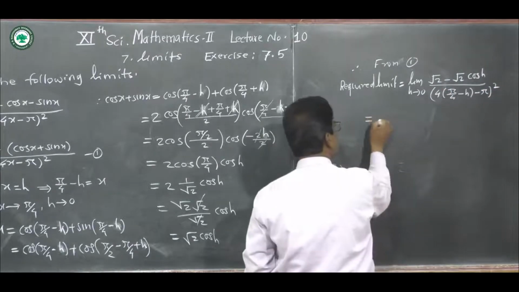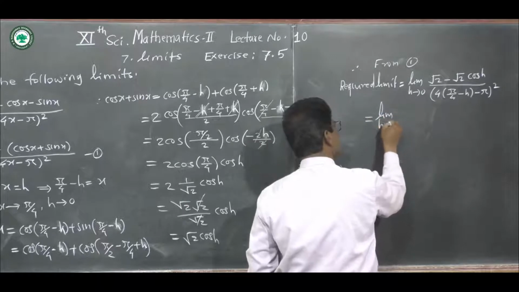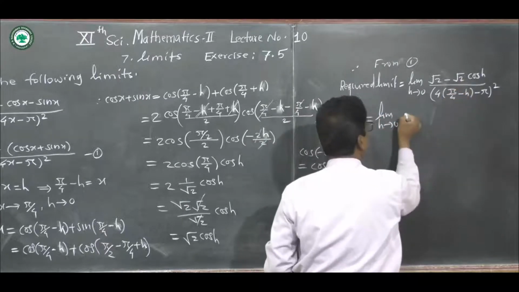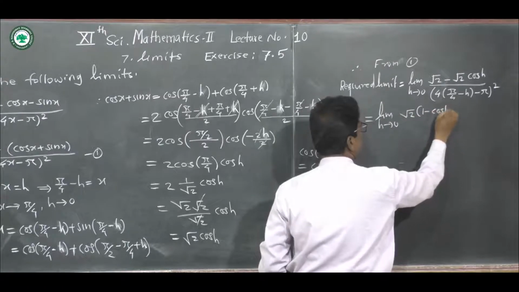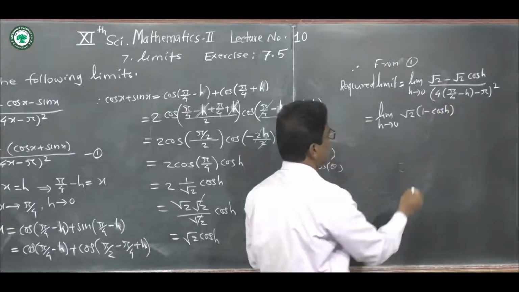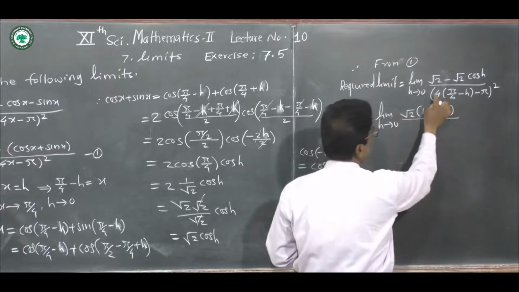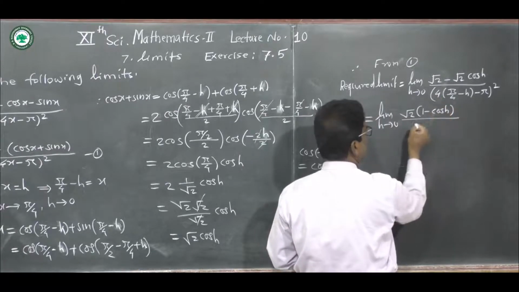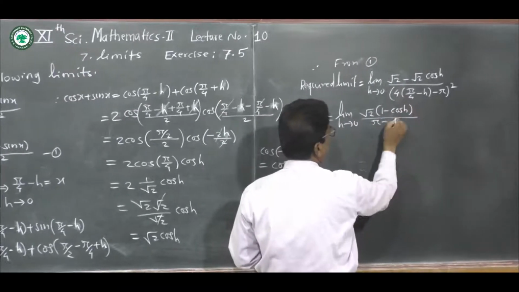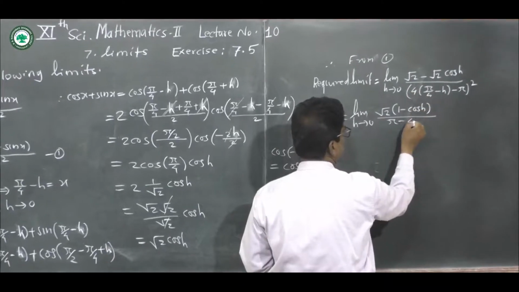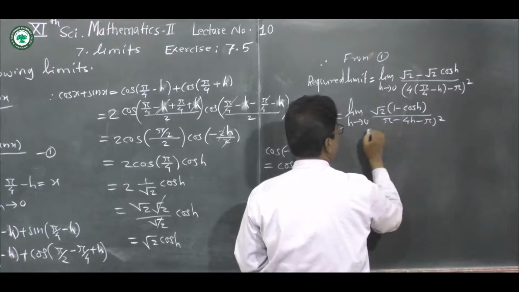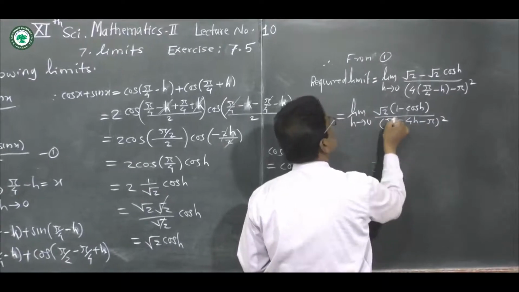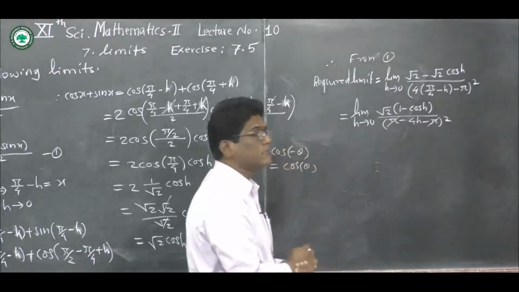So it is equal to limit as h tends to 0. Now here take root 2 common, root 2 in the bracket 1 minus cos h, divided by 4 into pi by 4, that is pi, minus 4 into h, that is 4h, and this minus pi, bracket square. Okay, now this plus pi and minus pi get cancelled to each other.